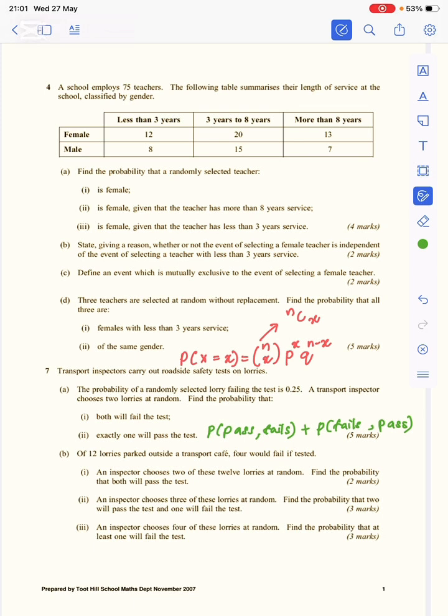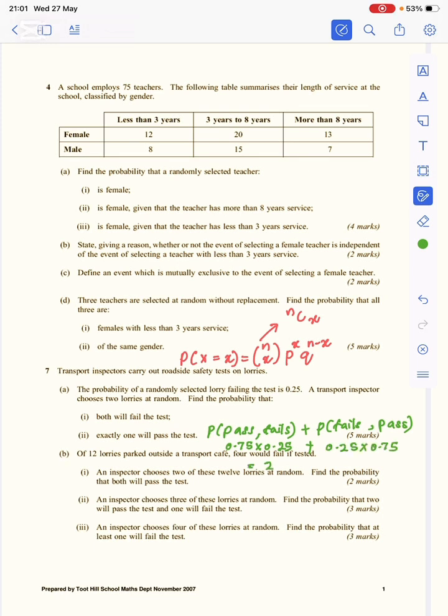So first passing and second failing, this one is again independent, right? Sorry, the other way around. 0.75 into 0.25 plus 0.25 into 0.75.